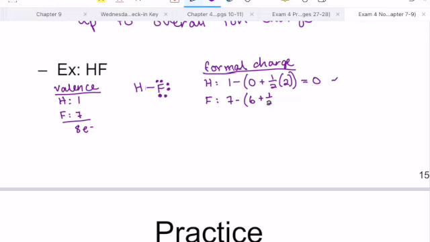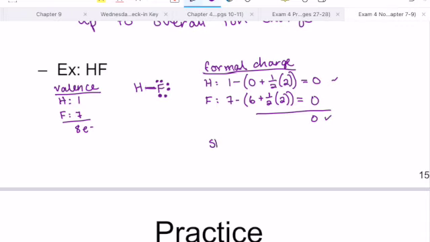Okay, plus half of the number that are in the bond. How many are in the bond? 2. Okay, so what does that equal? 0, just like we wanted, right? And then when we add these up, we get 0, so we're happy about that.